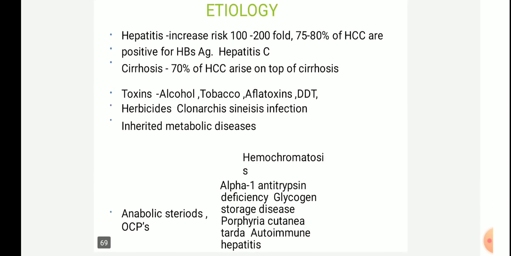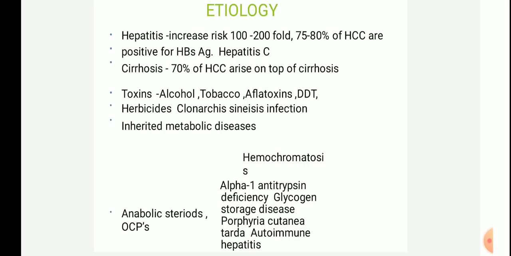The etiology: hepatitis, with a 100 to 200 fold increase in risk. 20% of HCC are positive for HBsAg. Hepatitis C is an important finding there. Cirrhosis: 70% of hepatocellular carcinomas arise on top of cirrhosis.